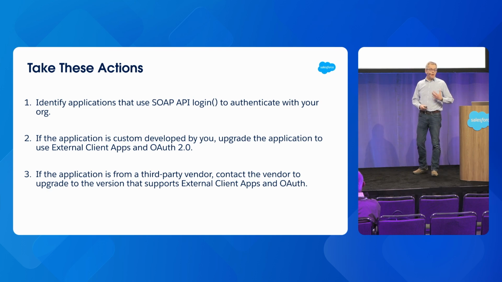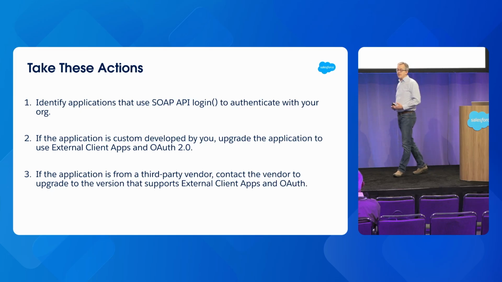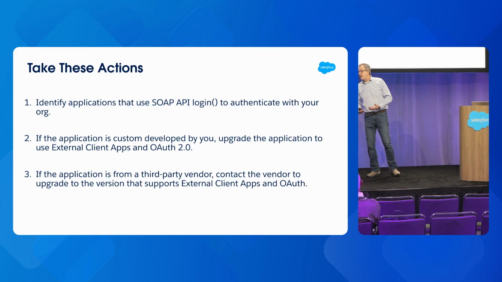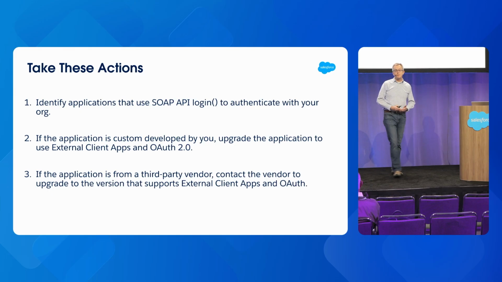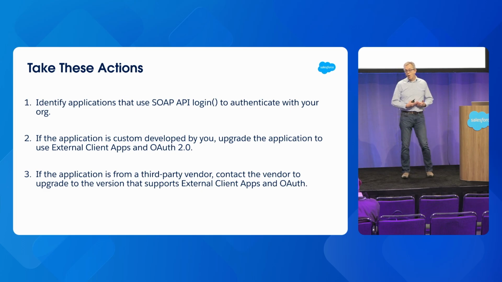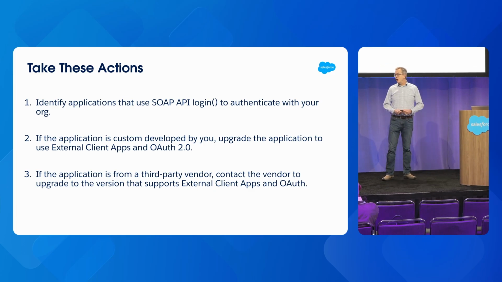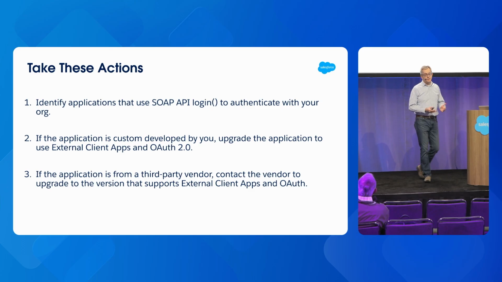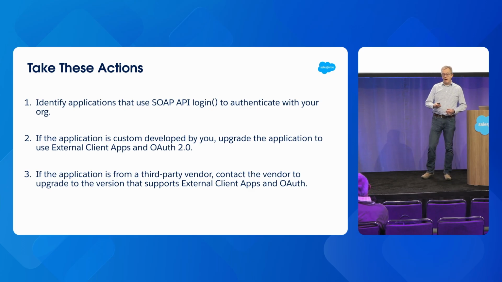And then if that application is developed within your organization, the development teams responsible for those applications need to start to upgrade that to use OAuth 2 and to use an external client application for that application. If that is from a third-party vendor, then contact that vendor to understand what their upgrade plans are.